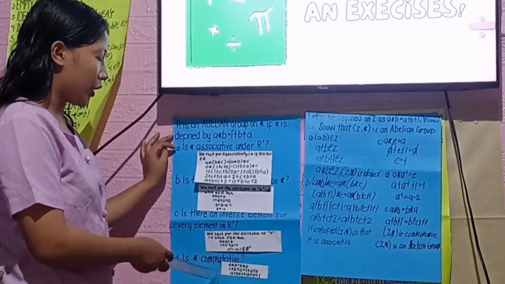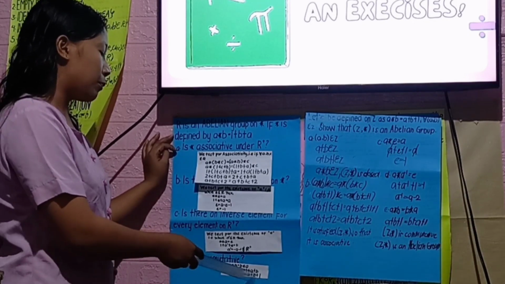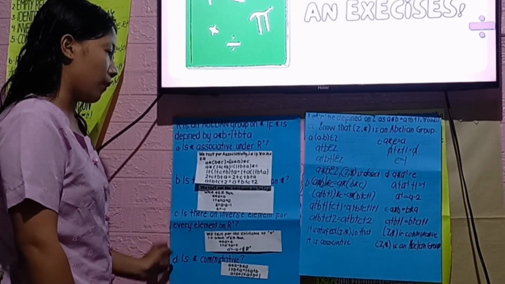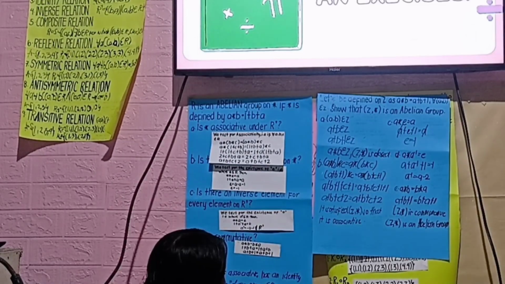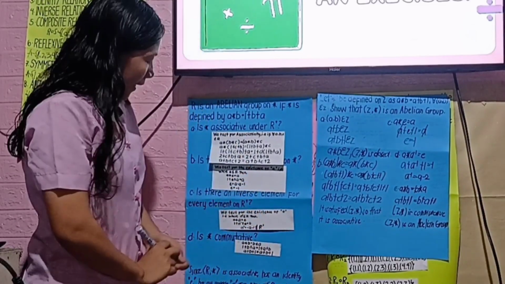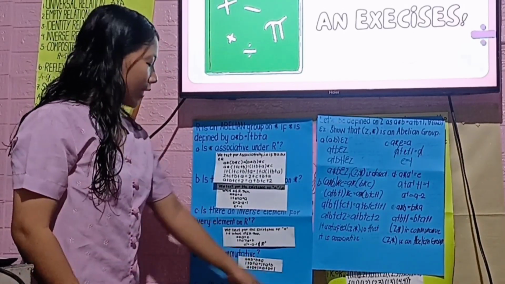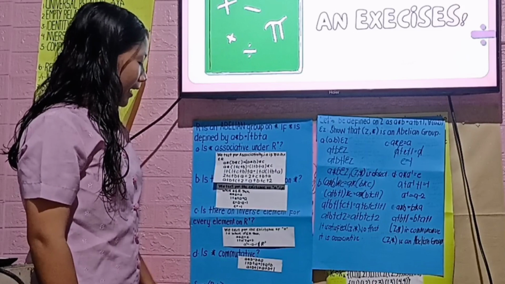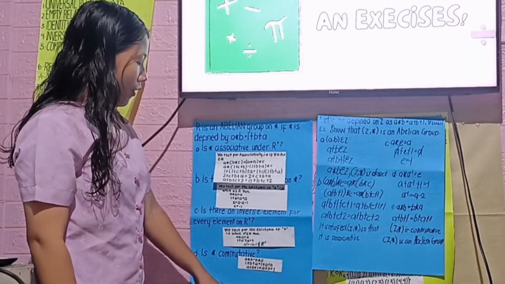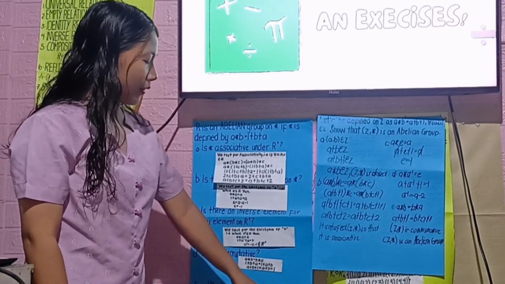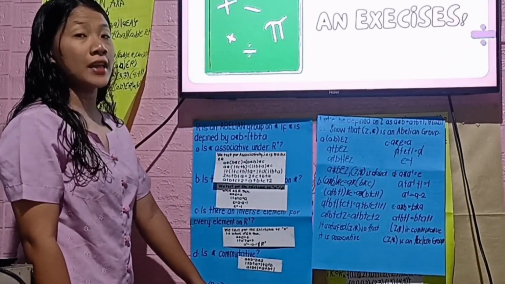A plus B plus 1 is equal to A plus B plus 1 also. Since (R, *) is associative, has an identity E, has an inverse A inverse for every A that is an element of R, and is commutative, star is abelian.